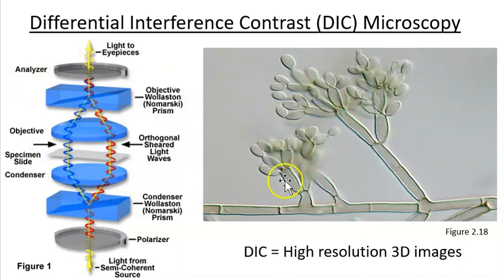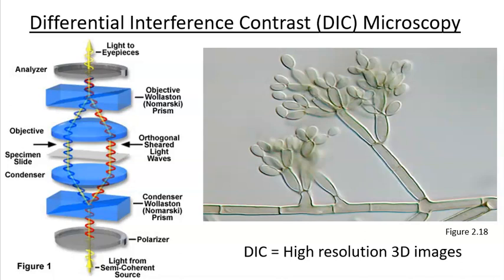You get these very good resolutions because effectively you're viewing this specimen from two angles right there just by controlling your light. Very, very good to give you these. And if you look at this specimen right here, this is actually a mold growing, and it's live. There's no stain added to this. So just by playing around with our light, we can actually get really good contrast and resolution for our cells.